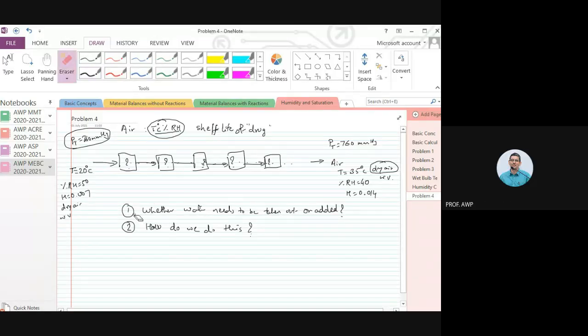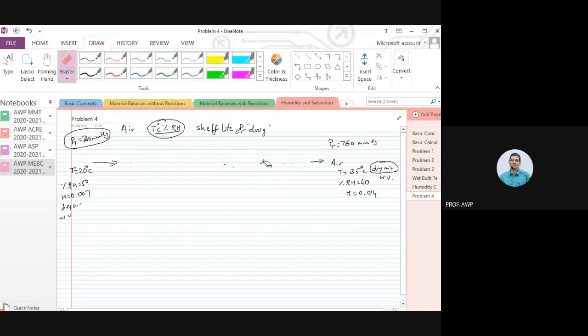We can spray water, and thereby it will become more humid, right? But what will happen once I spray the water? Will the air also not cool down?